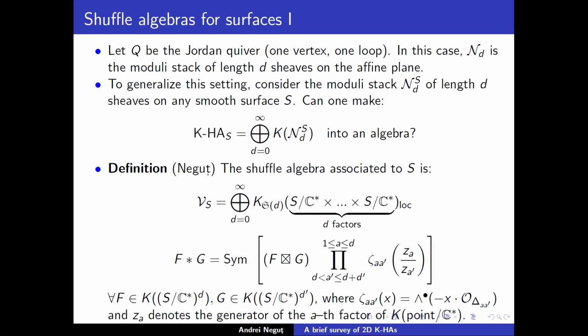Now, if you want to go to dimension 3, there are some problems, like that your stack has to be symplectic shifted, which means that instead of just a variety of dimension 3, you should have Calabi-Yau.